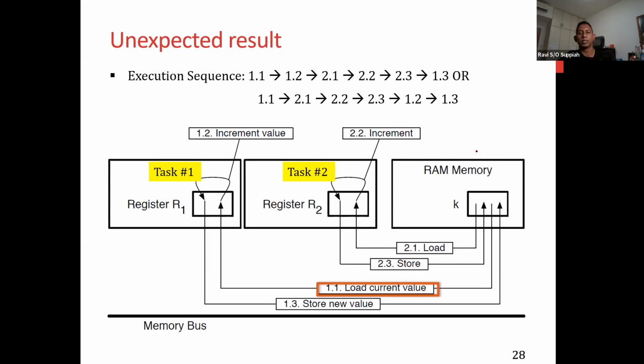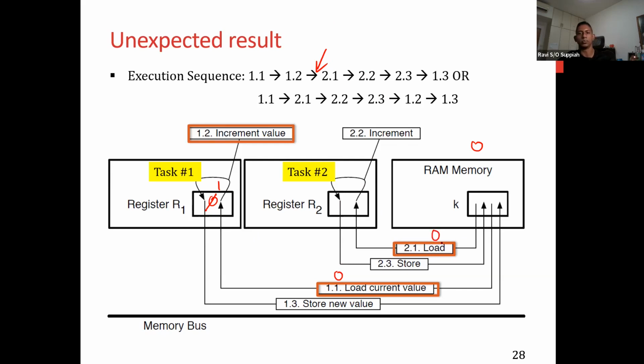First, the initial value is 0, so I load the current value 0. Now I increment it, it becomes a 1. Before I can write back, let's assume that I get an interrupt. I get a preemption here, and then I switch to task 2, and task 2 loads. What is the task 2 value loaded?